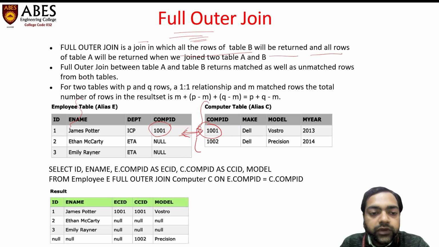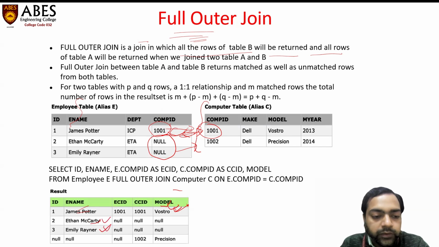And full outer join between A and B returns matched as well as unmatched rows from both the tables. So in this case we'll get this one match tuple, but these two tuples do not have any match tuple, but in the resultant relation we have included these two values also.